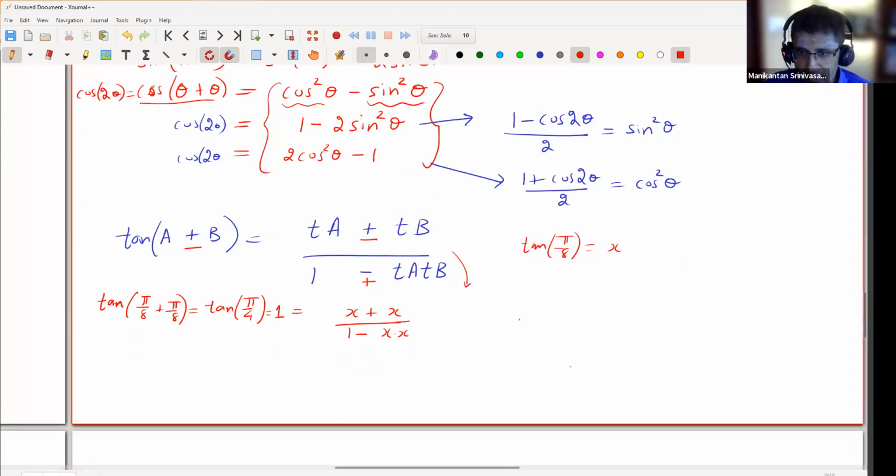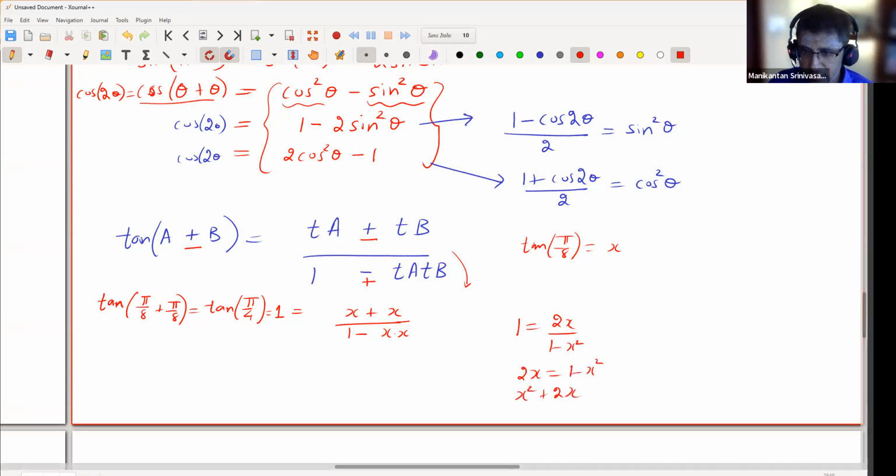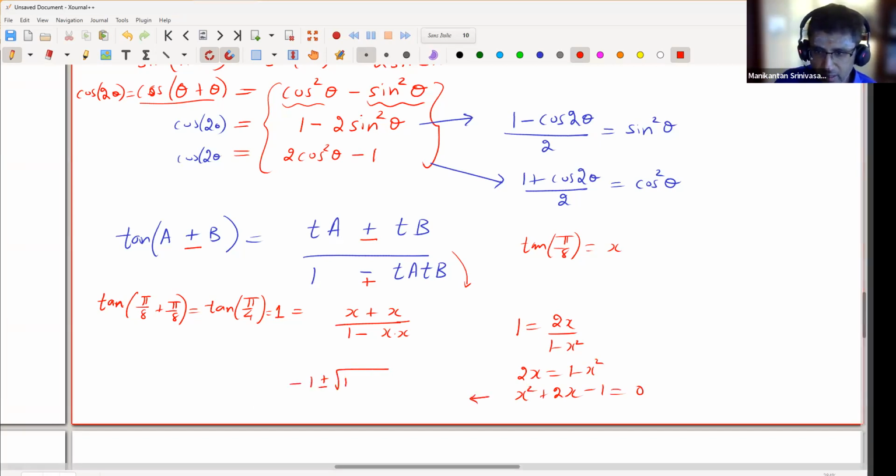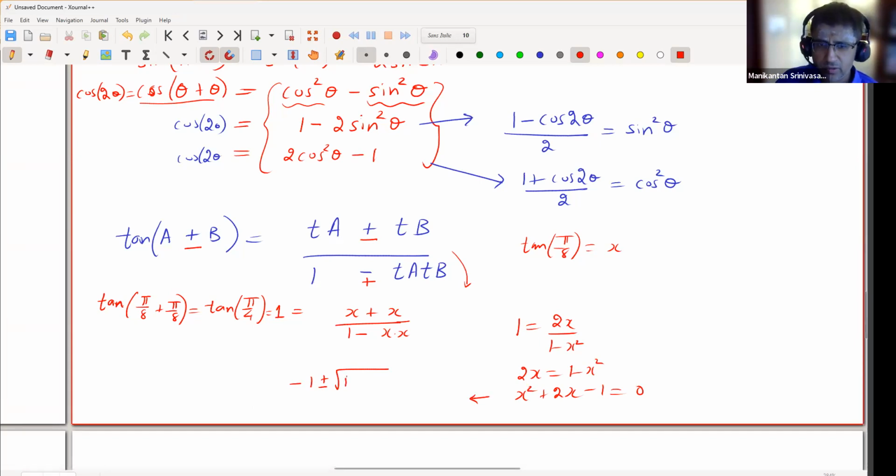So if I just do this quadratic, I get 1 equal to 2x by 1 minus x square. So 2x equal to 1 minus x square, plus 2x minus 1 equal to 0. So I'll solve this using minus b plus or minus root of b square minus 4ac upon 2a. Minus b is minus 2.